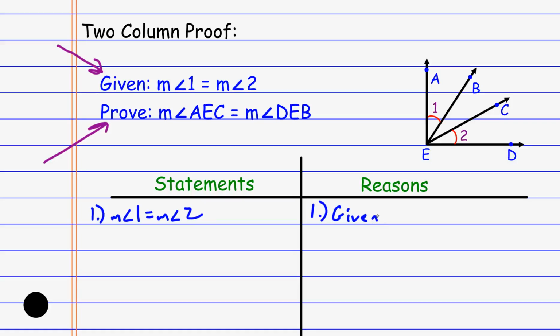Well, when I look at this, I know kind of where I want to go with this, the measure of angle AEC equaling the measure of angle DEB. I can't quite get there yet, but when I look at angle 1 and angle 2 and see some of the relationships involved here, I could easily say that the measure of angle 1 plus the measure of angle BEC is equal to the measure of angle AEC.